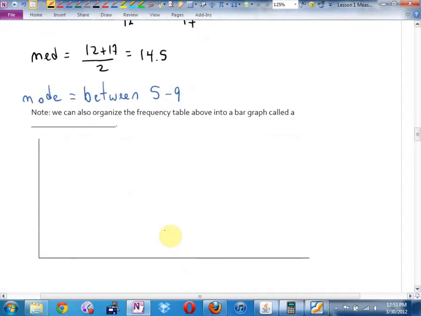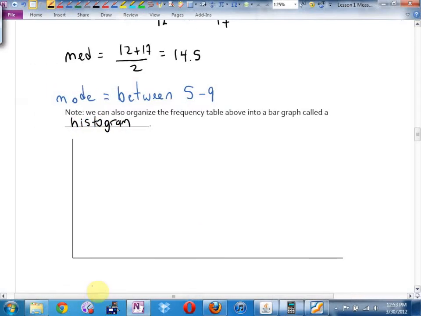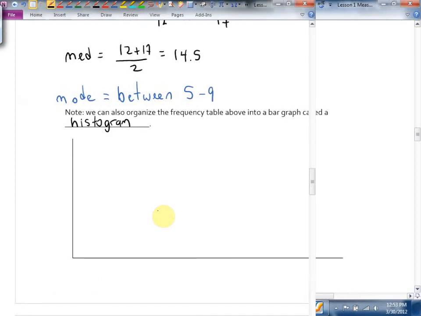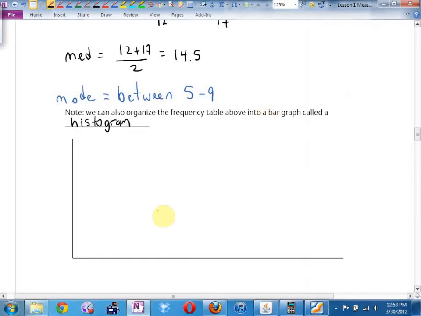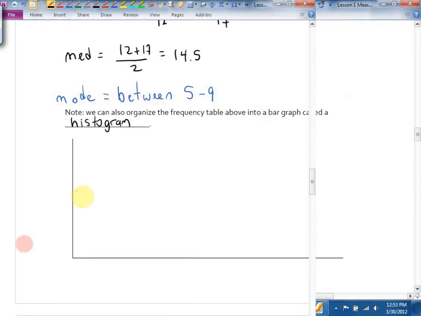By the way, we could also organize this frequency table above into a bar graph called a histogram, where we graph on the y-axis frequency.